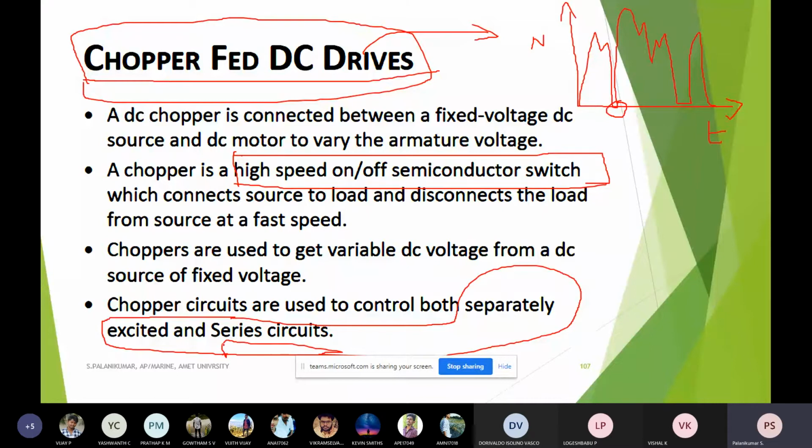Below that, if I want to control the speed of the motor within the rated speed, it is considered a series circuit, because I have a DC source and my motor is in series with it. If I'm using a variable DC, it will be series. So in both cases I can do it very effectively. This is what the DC drive concept implies.